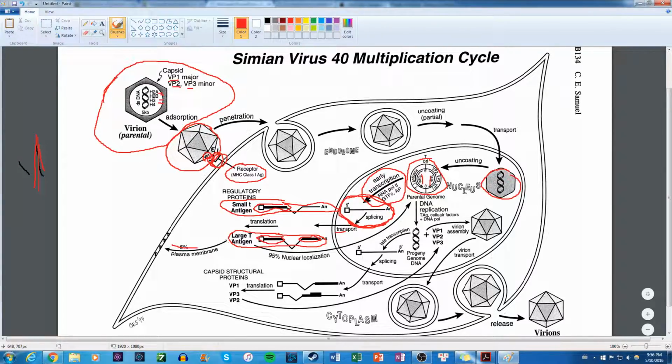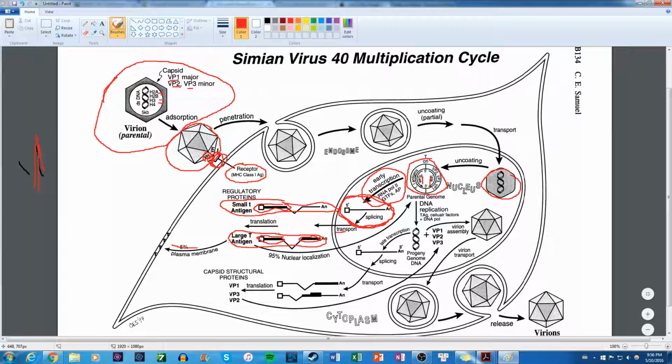So when your cell becomes infected with polio, for example, or maybe just the common cold, or even SV40, your cell will increase p53. That infected cell will increase p53 so that it can commit suicide, so that it can stop the virus dead in its tracks when it's trying to multiply.